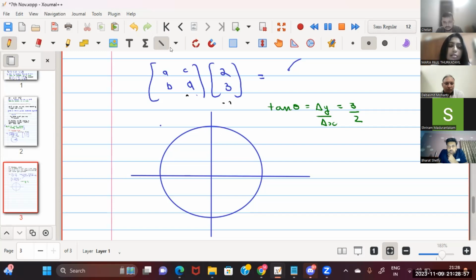Yeah, I actually had a doubt. What's the radius of the circle? Root 13. So the radius of the circle will be the magnitude, or the norm, of the vector v1.